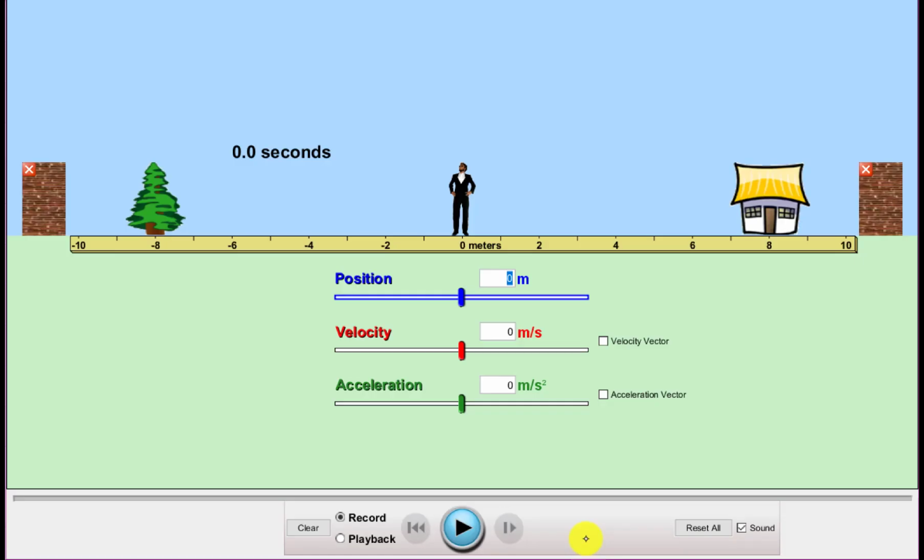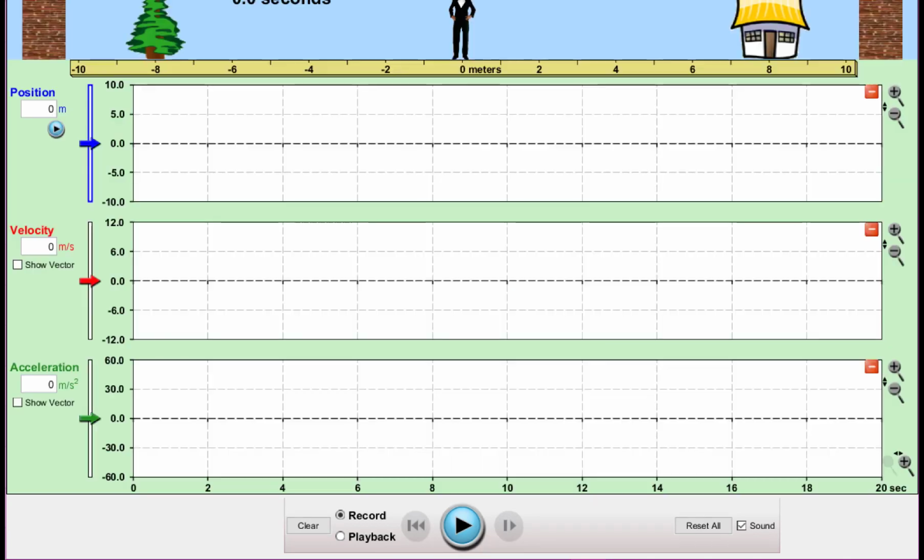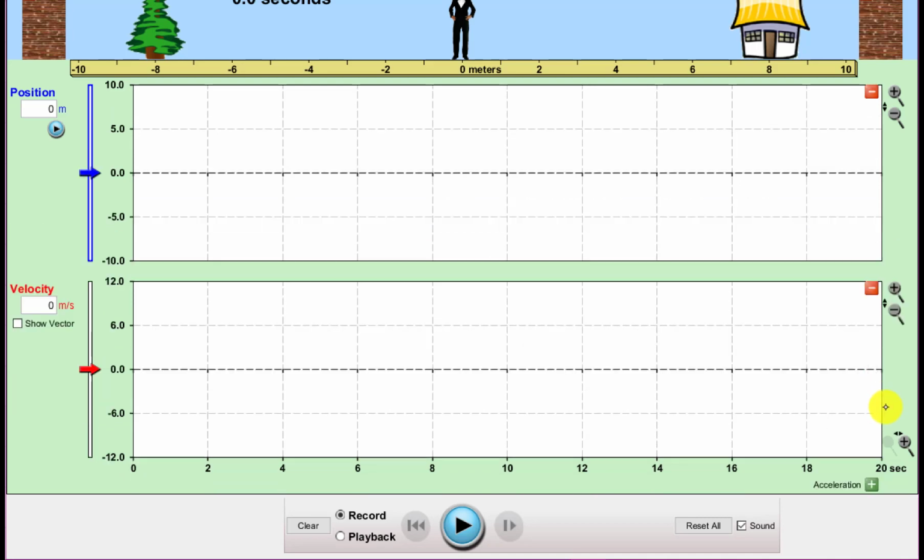And when you get it running, it looks like this. Now this one has buttons up at the top, and we just want to click on charts right away, just so we start seeing the graphs. And we're not going to look at the acceleration right now. That's the next chapter. So I'm just going to get rid of it by hitting the minus sign there, so we only look at the velocity and the position.